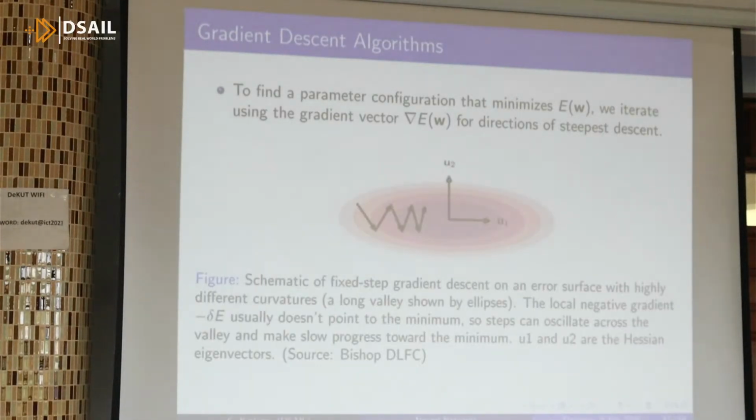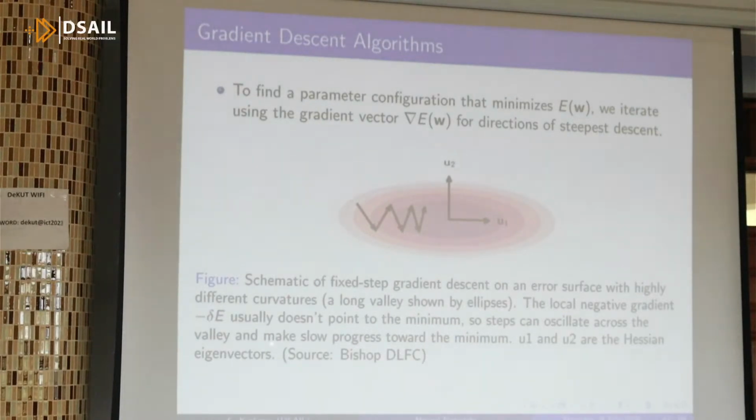Gradient descent algorithms, your error surface looks like that. This is a valley, and it's going to be jumping up and down, the error surface. Why is it jumping up and down? Schematic of fixed step gradient descent on an error surface with highly different curvatures, a long valley shown by ellipses, this one here.